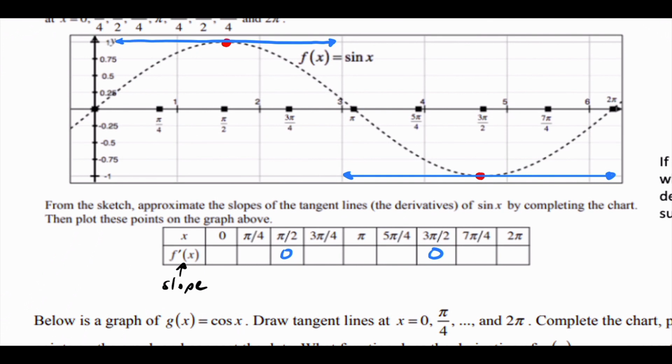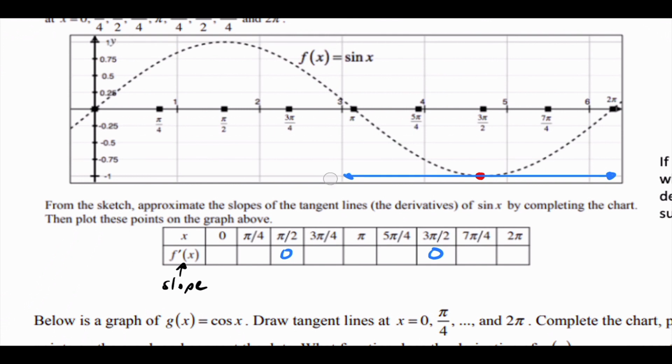So at 3 pi over 2, let's put 0. Okay. So we got a couple of those. We're not going to fill all of these out. I just want to fill enough out so I can get a picture of what this is looking like. So far I have 2 dots. The derivative at pi over 2 is 0. The derivative at 3 pi over 2 is 0.